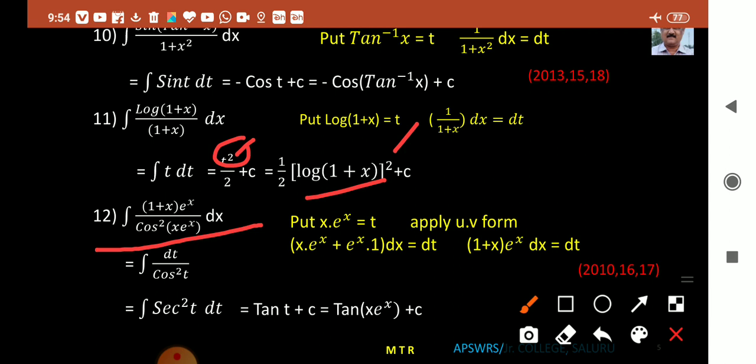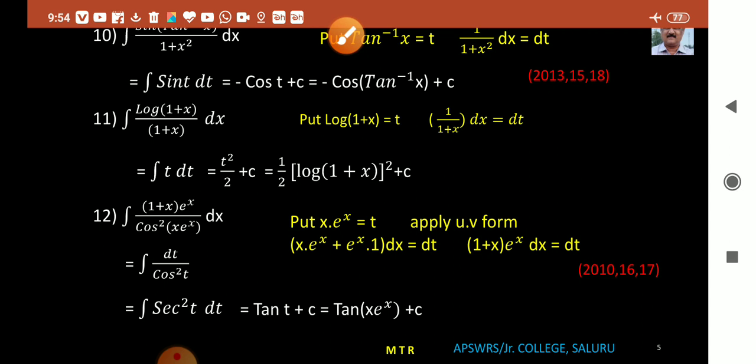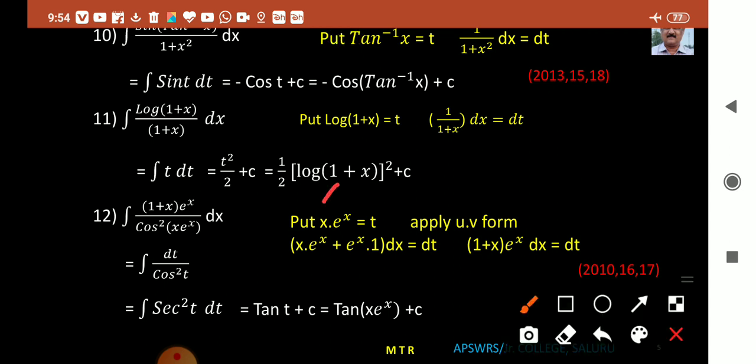So put x e power x as t. Apply uv form. Here u is x, v is e power x. So x into the derivative of v, which is also e power x, plus v, which is e power x, into the derivative of u, where u is x and the derivative of x is 1, into dx is equal to dt.